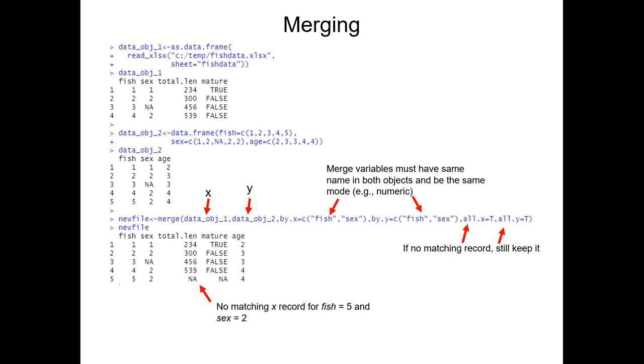In this example, remember we had an additional fish that wasn't in the original data frame. A new row is actually created. And because the second object didn't have total length or maturity in it, you can see that NAs are substituted into those values. So that's just some of the behavior of this function.